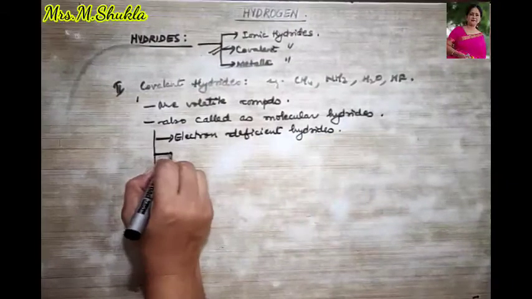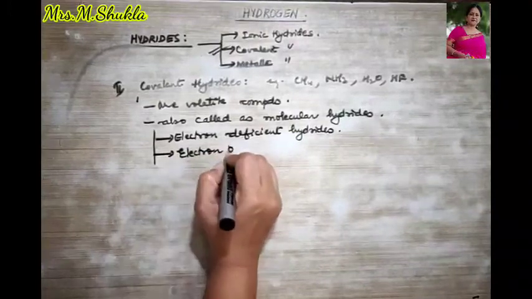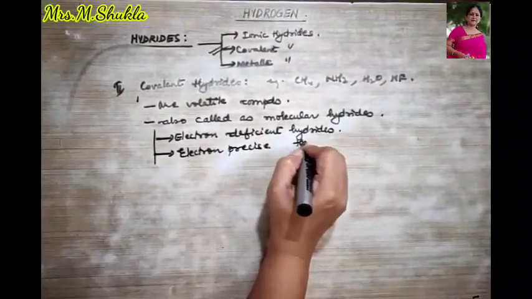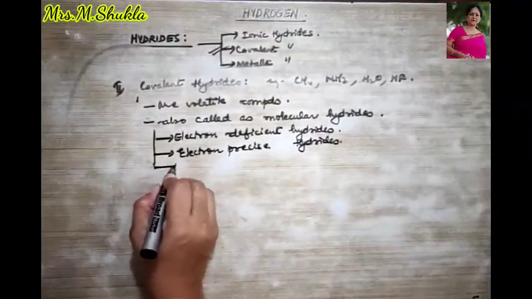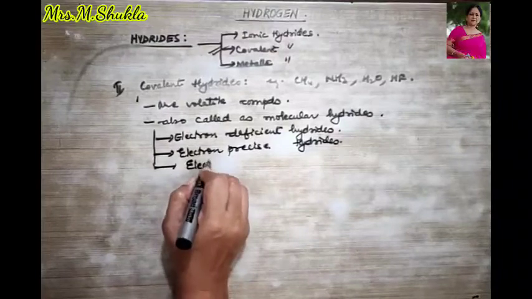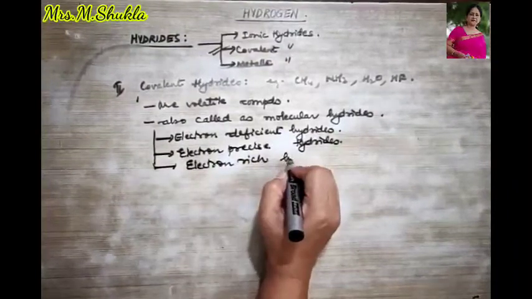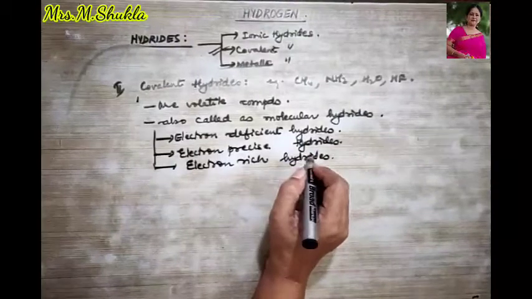Okay, then it could be electron precise hydrides, and thirdly it is your electron rich hydrides. Okay, so let's take an example in each case.